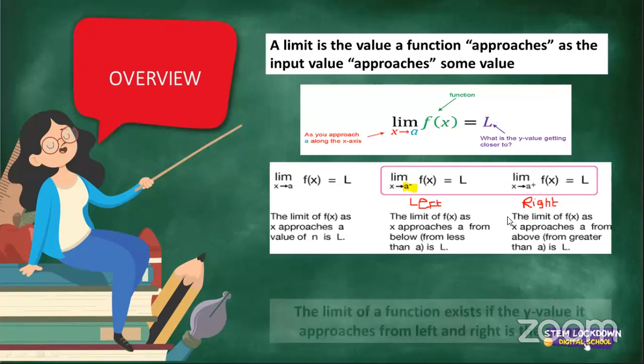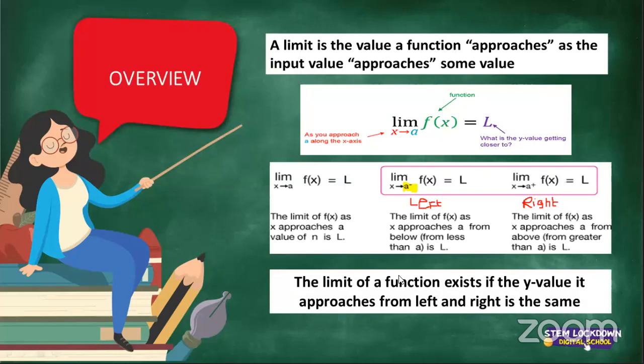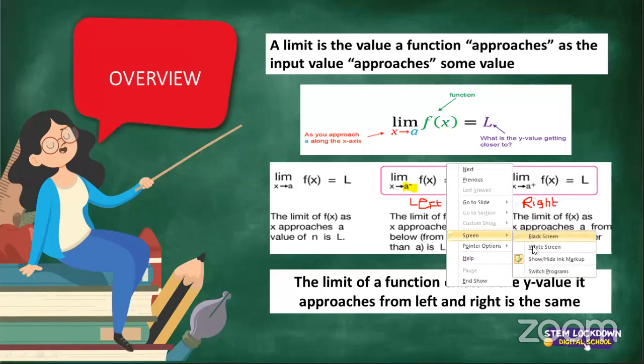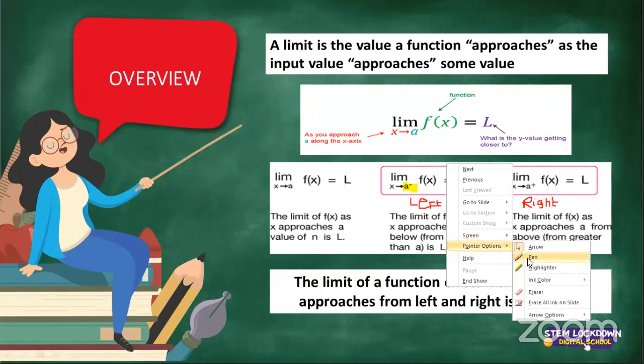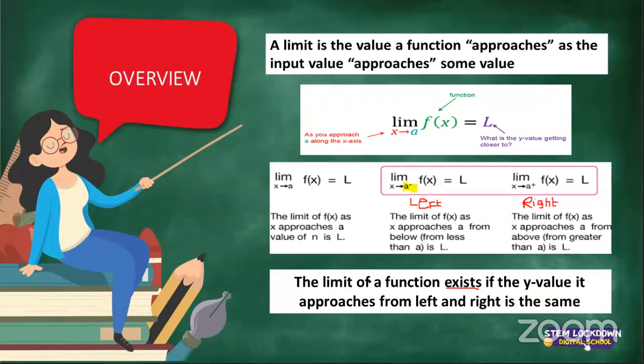But what we concluded yesterday is that if your limit from the left and the right is equal, then we say the limit exists. Remember that. So if the limit of a function from the left and right is the same, then we say the limit exists. Okay.